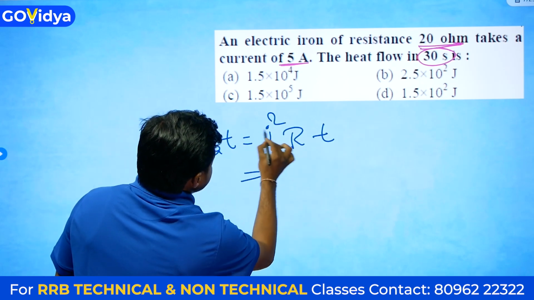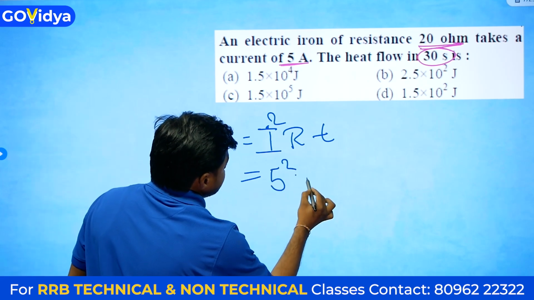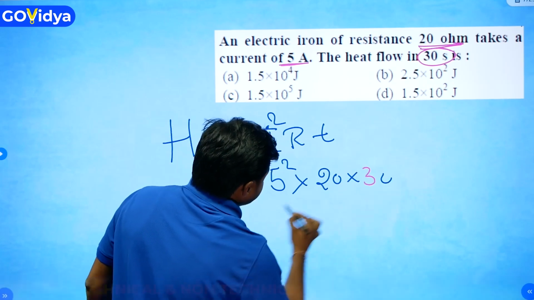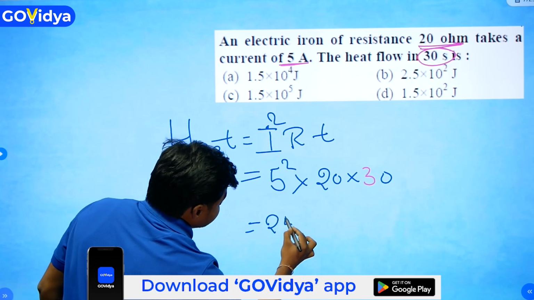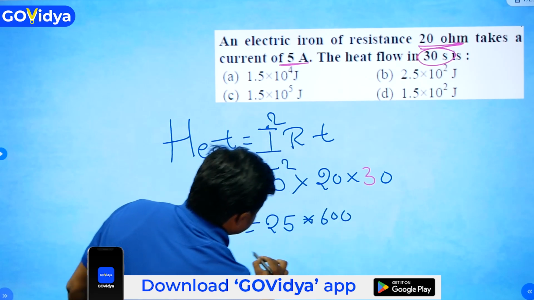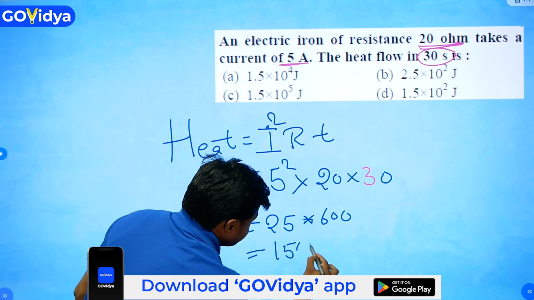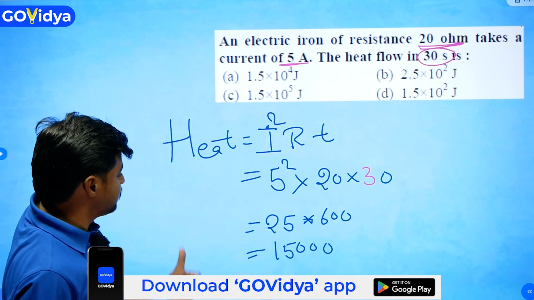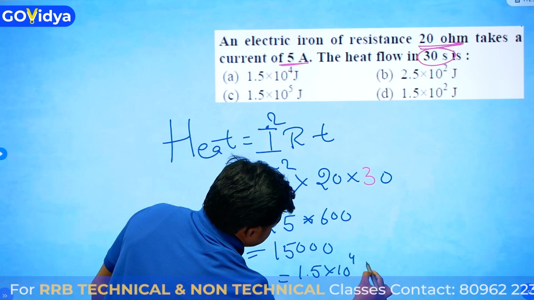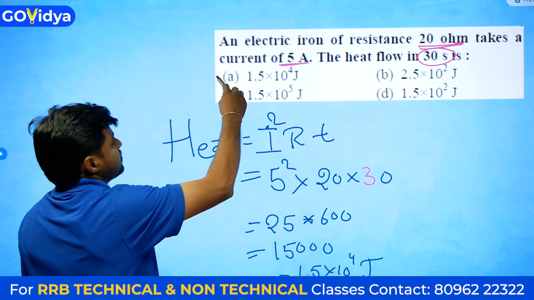I is 5 amperes, so 5 square into R, which is 20 ohms, and time is 30 seconds. 25 into 600 is 15000, which we can also write as 1.5 into 10 power 4 joules. From the options, option A is the correct answer.